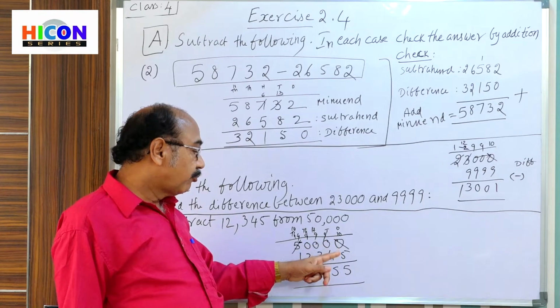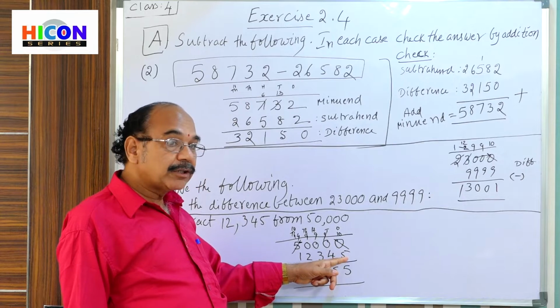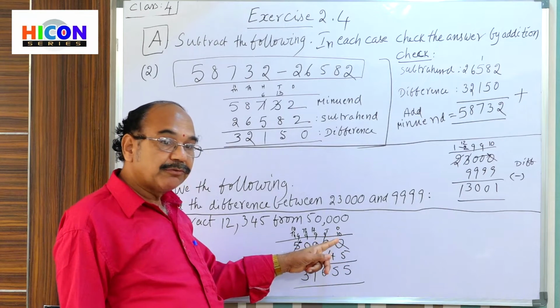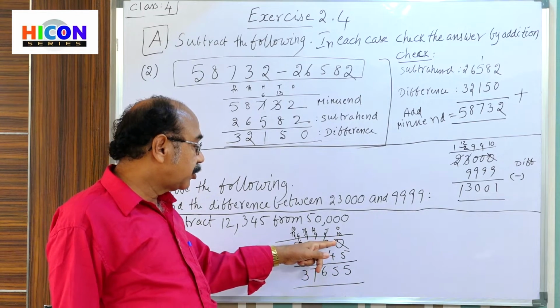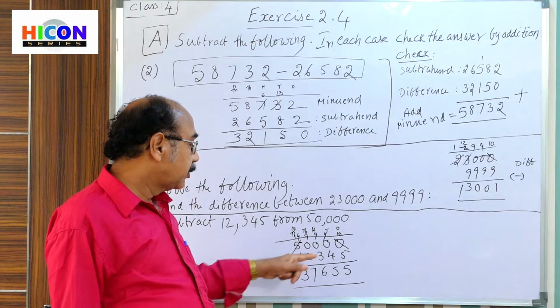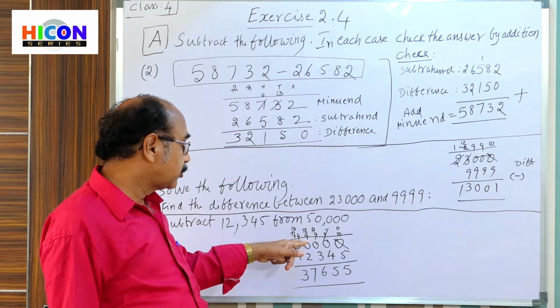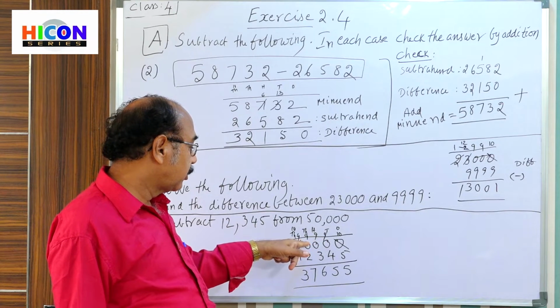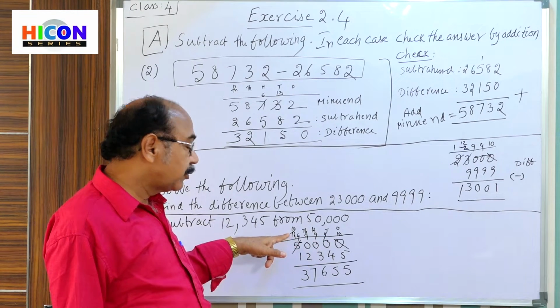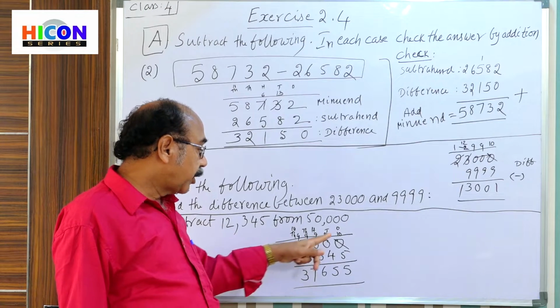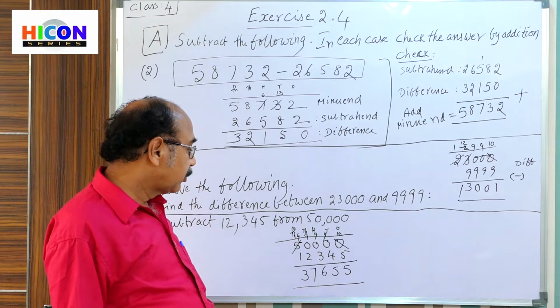So here 5 is not subtracted from 0. That's why we asked to borrow. That's why here 0 becomes 10. The remaining zeros become 9. And here 5 becomes 4. Now 10 minus 5 is 5.